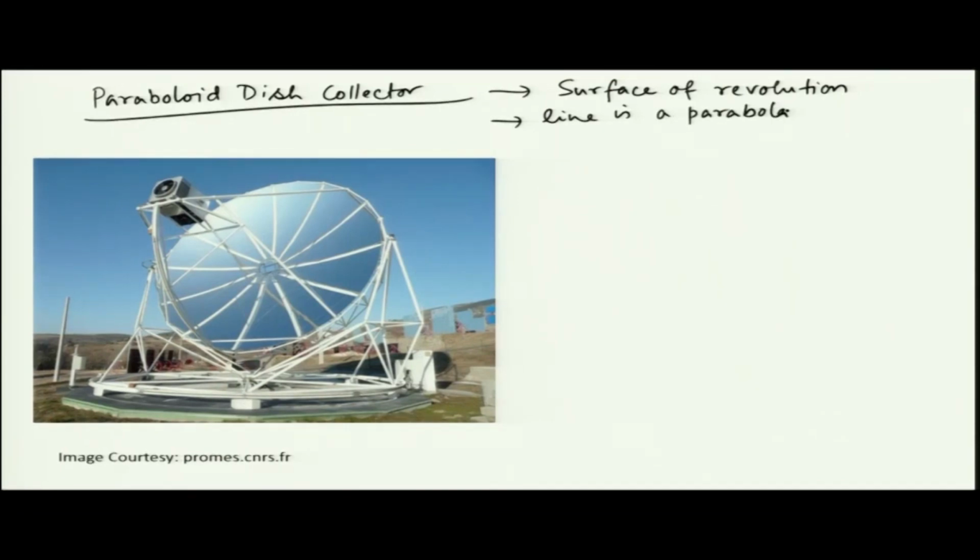We revolve it around an axis, and that is how we get the paraboloid shape. The paraboloid dish collector gives you a point concentrator.